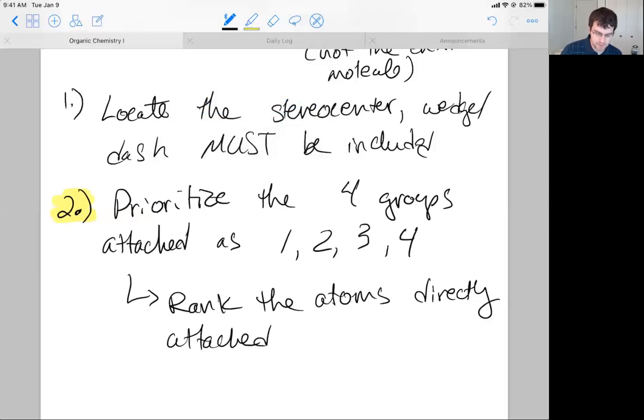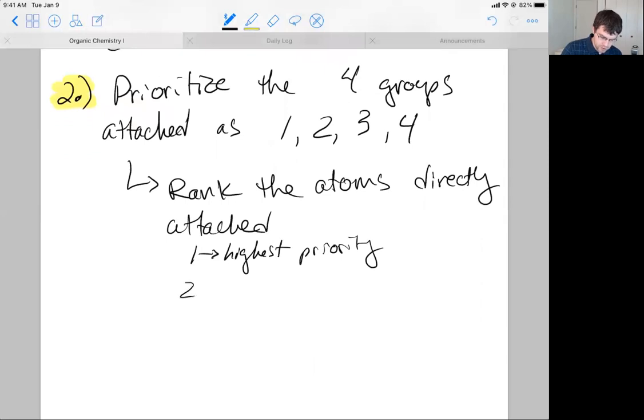Highest priority is 1. Then it goes 2, 3, 4, and 4 is our lowest priority. Okay, so that's how we are going to rank the atoms.